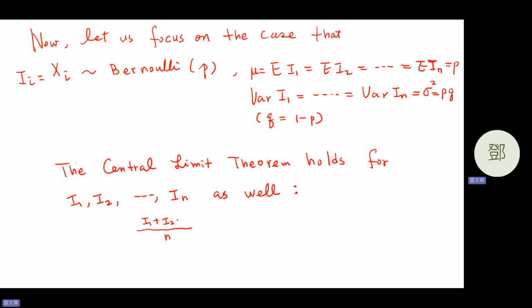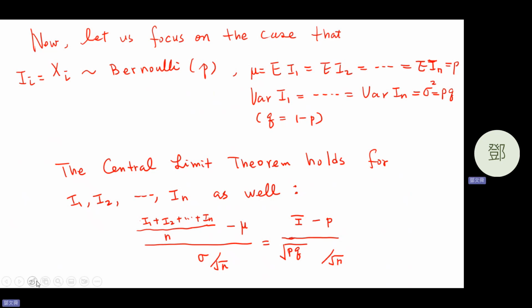I1 plus I2 plus IN, the average, minus mu, divided by the square root of sigma over n, is equal to I bar. Here I use I, not x, but the theorem holds as well. I bar minus p, and mu is p here, and sigma is pq here. Don't forget to take the square root.